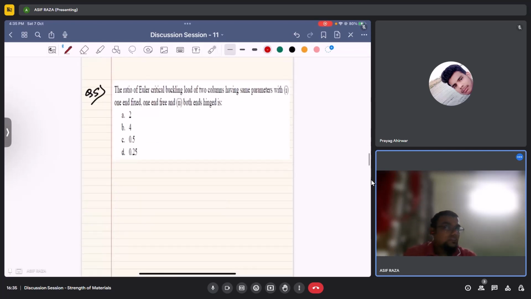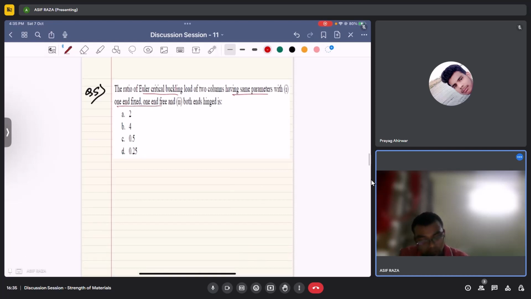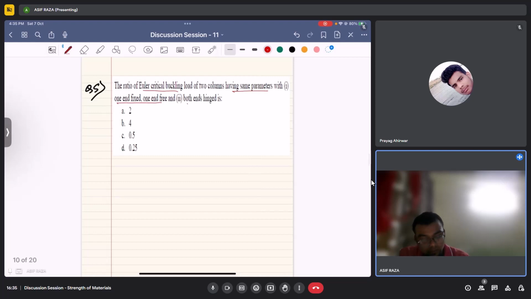Question number 5. The ratio of Euler critical buckling load of two columns having same parameters, with one end fixed, one end free, and the second is both ends hinged.